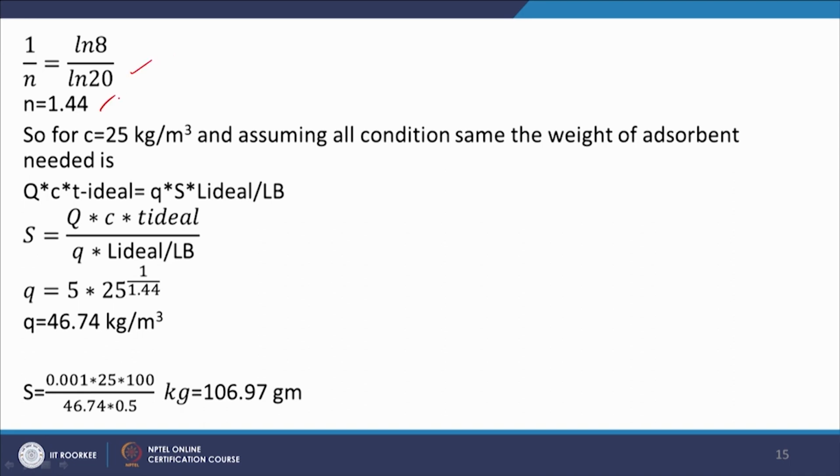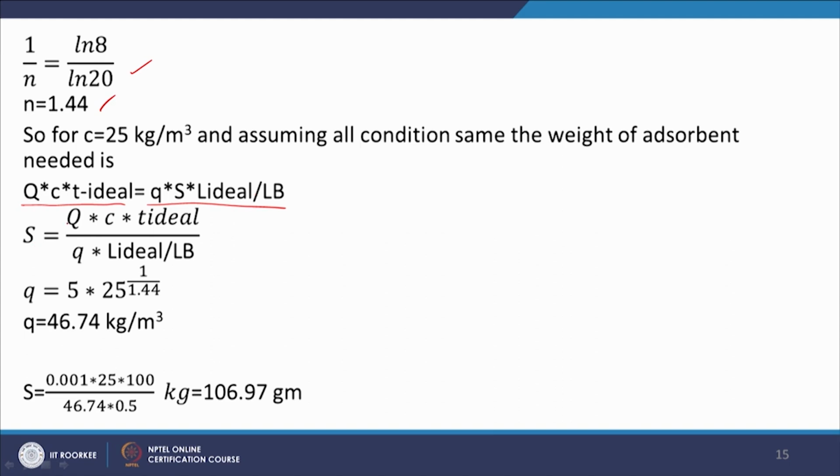Okay. So, for C equal to 25 kg per meter cube, and assuming all other conditions the same, we calculate the weight of adsorbent needed. Q C T ideal is the amount of adsorbate entering the packed bed, and this is the formula used to calculate the adsorbate on the adsorbent.